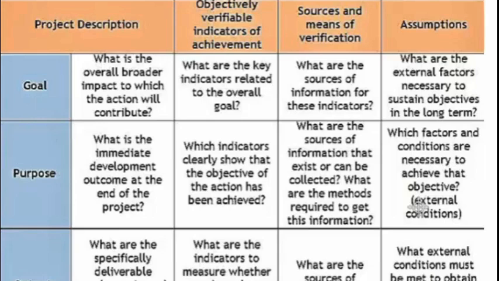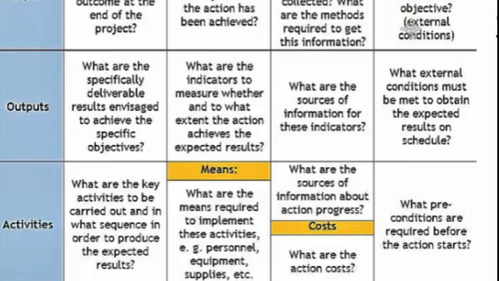So what does a typical framework include? Generally, it's laid out in a table or template. At the top, you'll find key elements such as the indicator, its definition, the baseline, targets, data sources, frequency of measurement, and the person responsible. Below that, you'll see the project's goals, outcomes, and outputs.